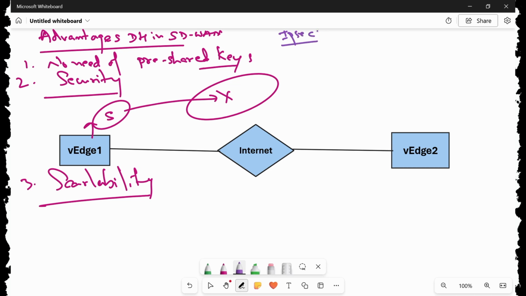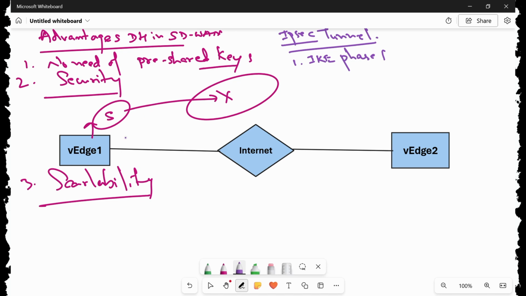IPsec tunnel creation between these vEdge routers. So here comes the first phase, which is IKE phase 1. During this phase 1, Diffie-Hellman is used in the IKE protocol, which is Internet Key Exchange, during the initial handshake to establish a secure channel for negotiation.